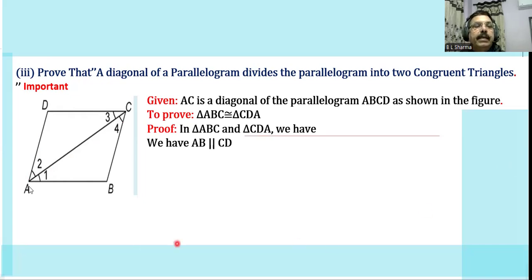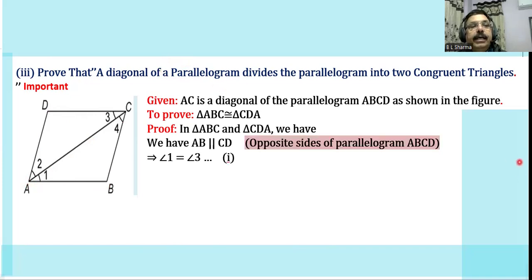That is why it is already given that AB is parallel to DC because it is a parallelogram. So, see in the figure, angle 1 is equal to angle 3. This angle number 1 is equal to angle number 3. These are alternate interior angles.